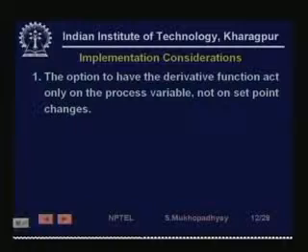I will just list them. They are in no particular order, and some of them you have already seen. This you have already seen: the option to have the derivative function act only on the process variable and not on set point changes, because set point changes can be step like. That would suddenly induce a very high input to the plant.